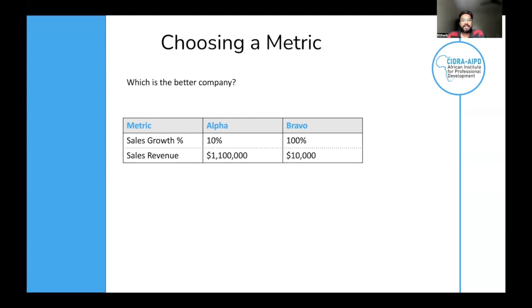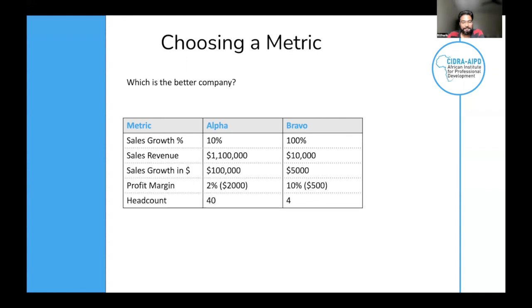And you could have various metrics of this sort, right? And at each point, if you think about it, your evaluation of the companies might be different. And this is why it's important to decide beforehand what metric you are going to use.